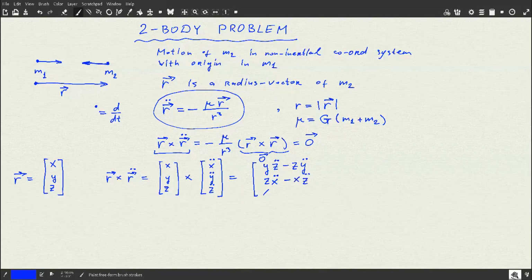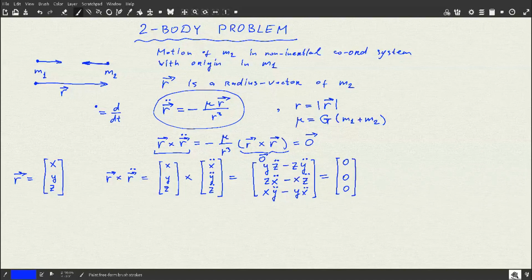And for the last one, it is of course x y double dot minus y x double dot. In each column, there must be a permutation of x, y, z. Everything is correct. And this is equal to 0, so it must be 0, 0, and 0.